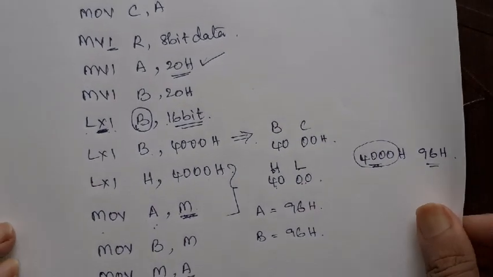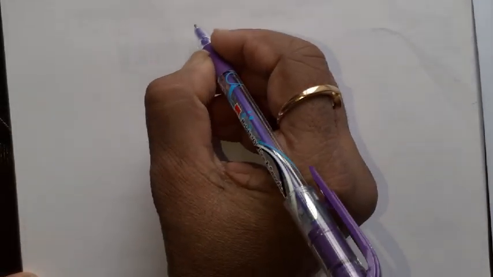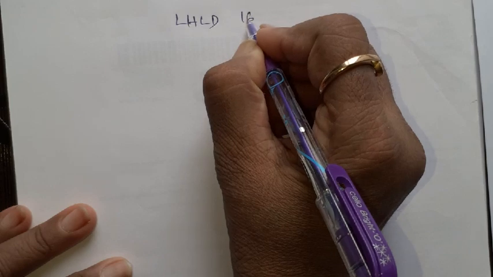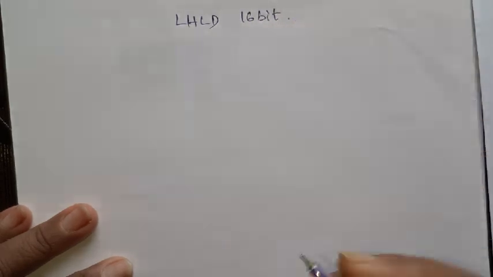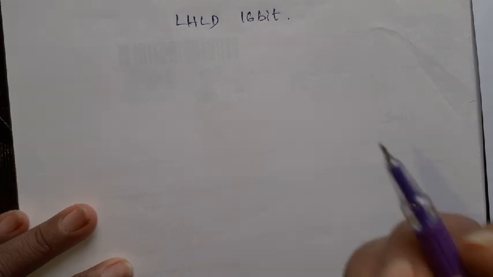Then we'll see some more instructions. Then we have LHLD 16-bit. This is load H and L registers direct.